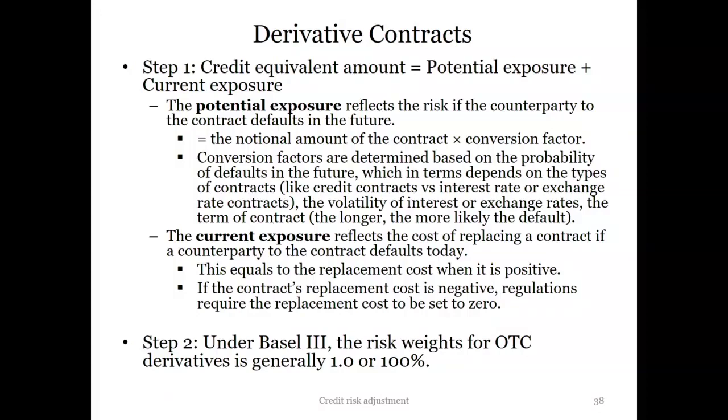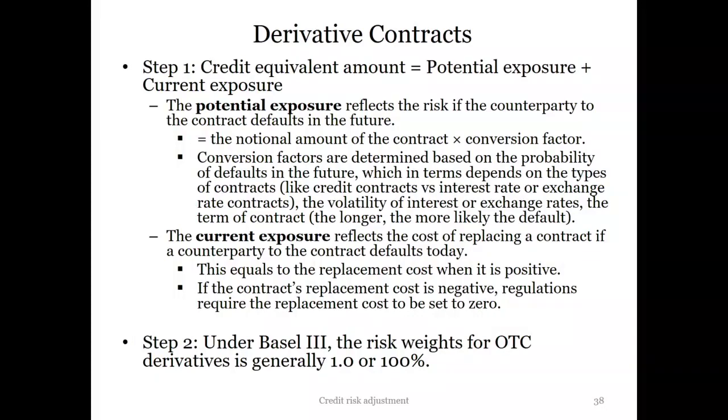But there is another issue: sometimes your derivative contracts may be in the money, which means if we replace the contract today, we make money, right? So we have profits. In that case, mathematically speaking, replacement cost is going to be negative, right? So we're making profits. It's not a cost.